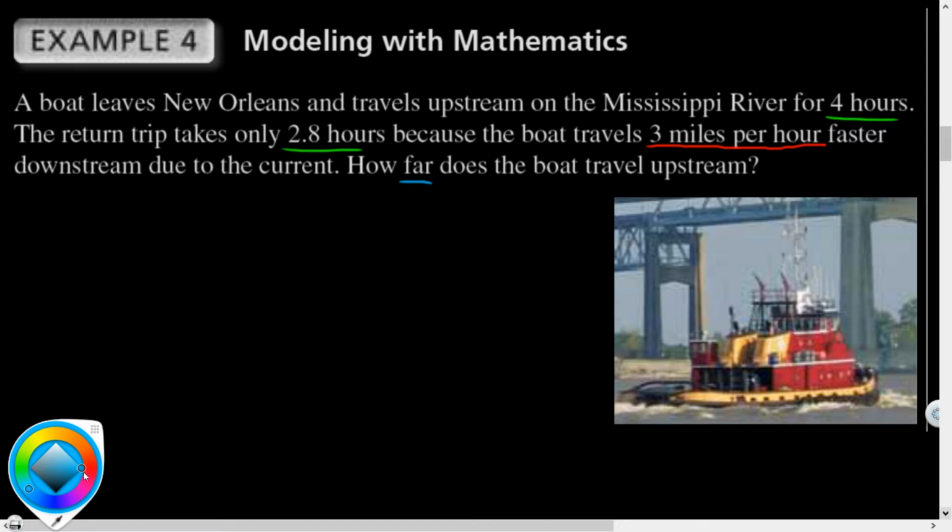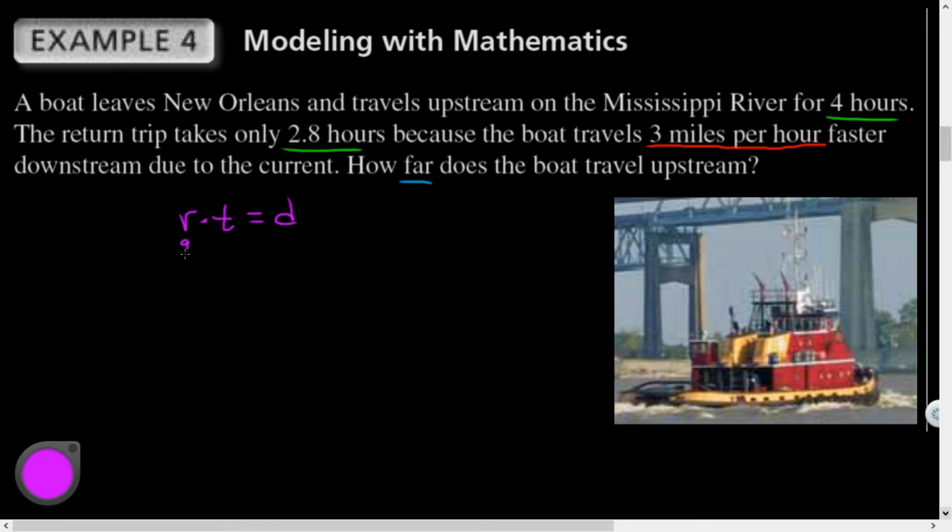Now I've got to come to the table with an equation. Does anyone know an equation that relates the variables rate, time, and distance? Does anyone know an equation that relates those things from physics or middle school math, science, whatever you've taken? Turns out there's an equation that says rate times time equals distance.